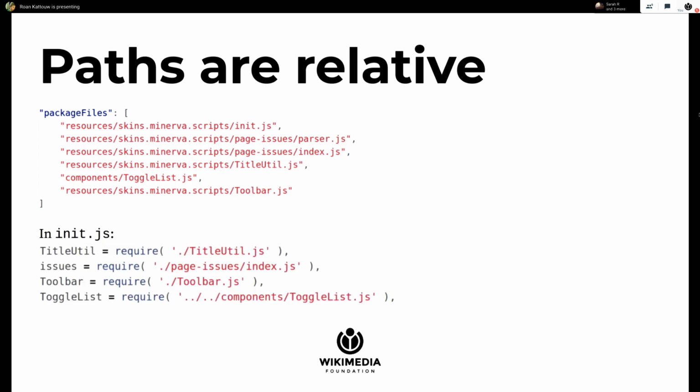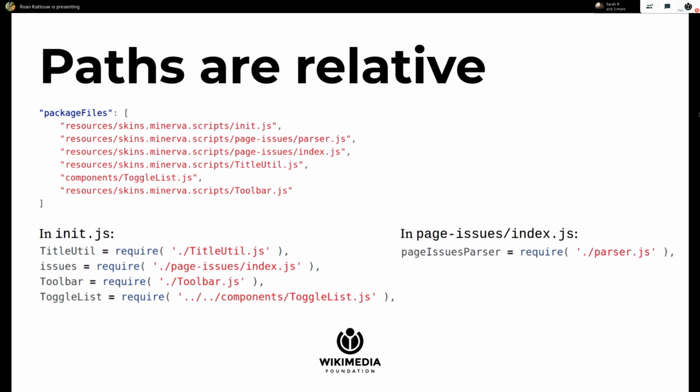And that means that in your init file, this is the kind of thing you see. For the files in the subdirectory, you have to have the subdirectory in the path. And for the file that was in the completely different directory, you have to do .. a bunch of times to get there. This makes a lot of sense, but it can be easy to get wrong sometimes.